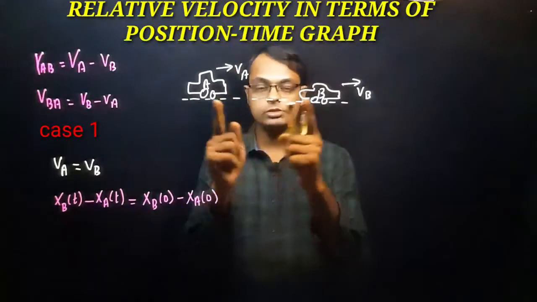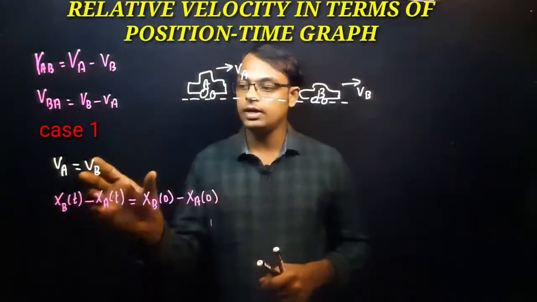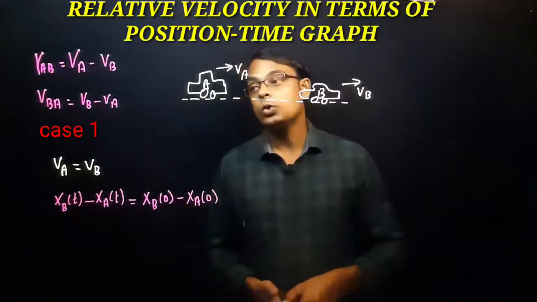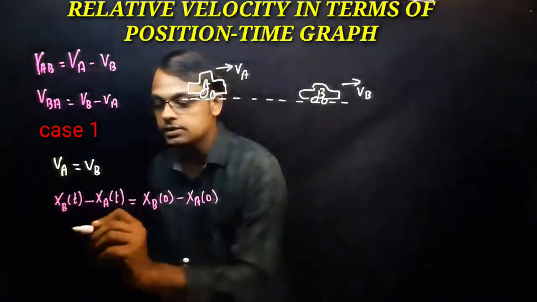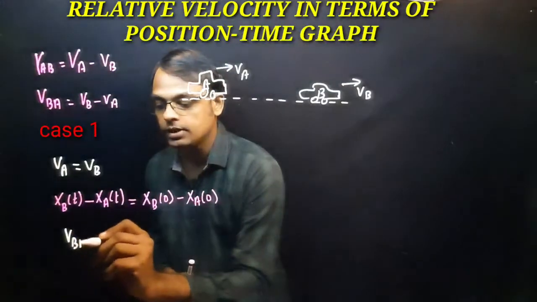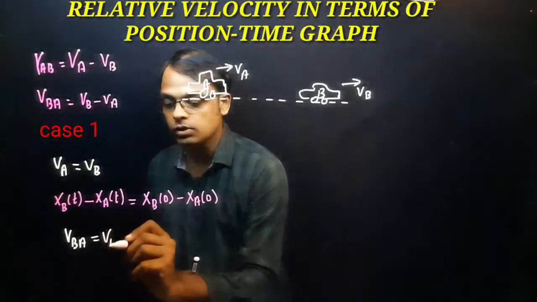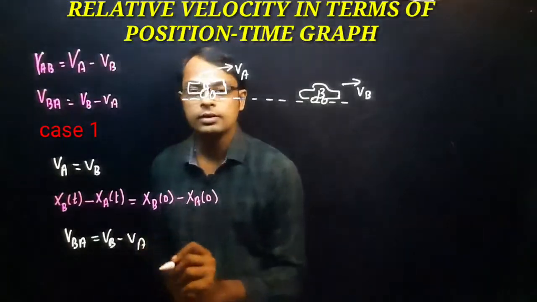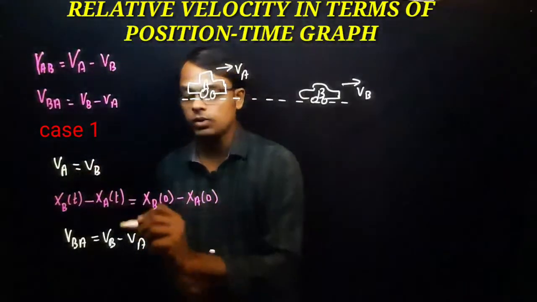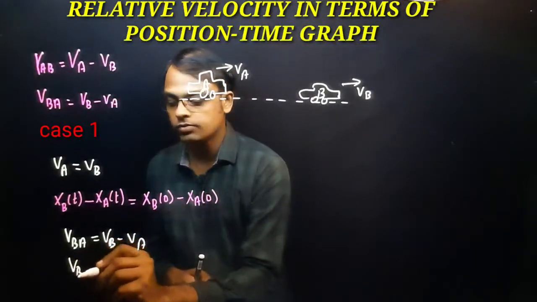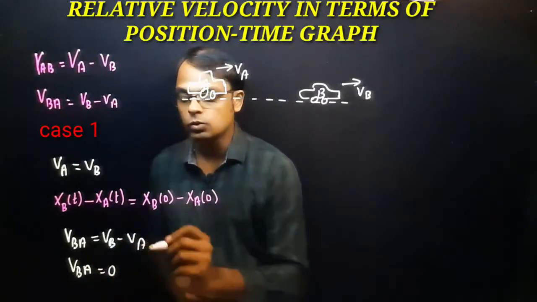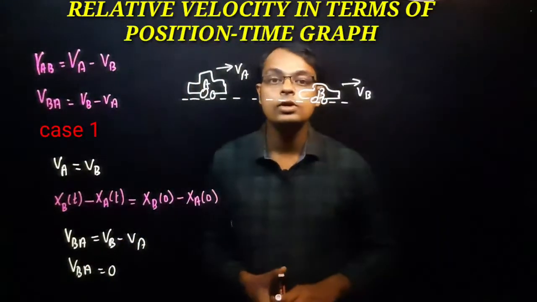So the displacement will always be equal because VA and VB are equal. So in this case, what is the relative velocity VBA? VBA is equal to VB minus VA. Here VA and VB are equal. So the relative velocity VBA is equal to 0.